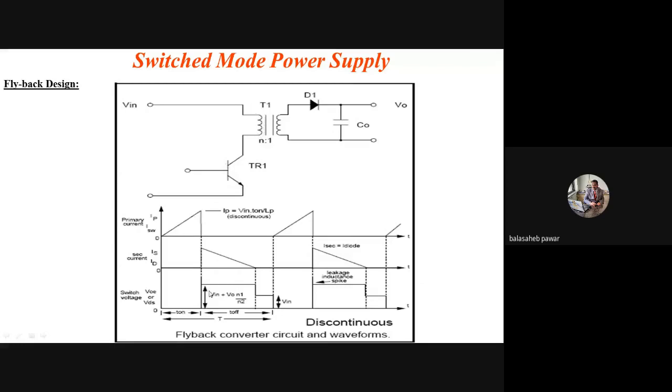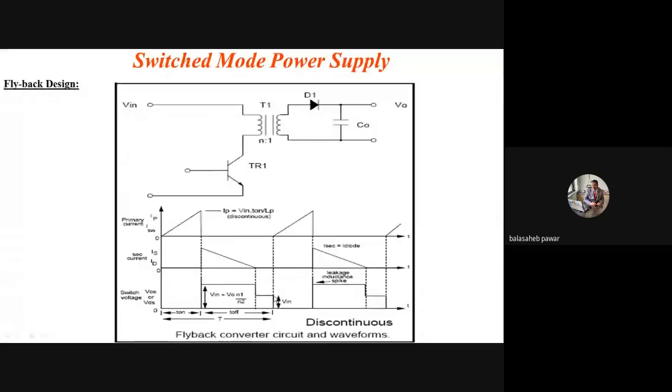And up to some time period, it will retain as it is. You will observe, see up to over here, the voltage across the transistor is retained as the maximum voltage, and later on, whenever that secondary current goes to zero, then that voltage gets down to V in amplitude only.